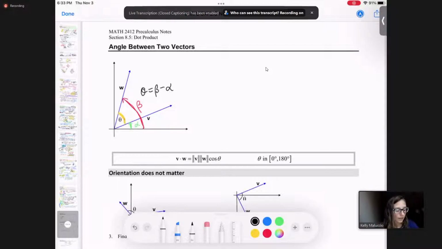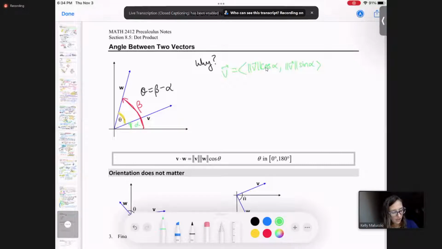And why do we want the angle between two vectors? Where is this helpful? Why are we using alpha, beta, anything? Well, if we take vector v, it's the magnitude of v times cosine of alpha, and the magnitude of v times sine of alpha.